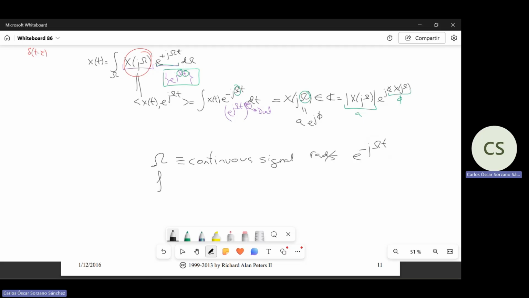But then you also have frequency. It is also for continuous signals, but this is 1 over 2 pi, and the exponential is this one. And when you use the small one, typically it is for discrete signals, and it is measured in 1 over something.